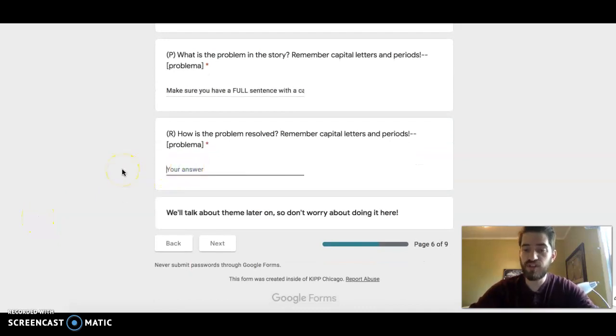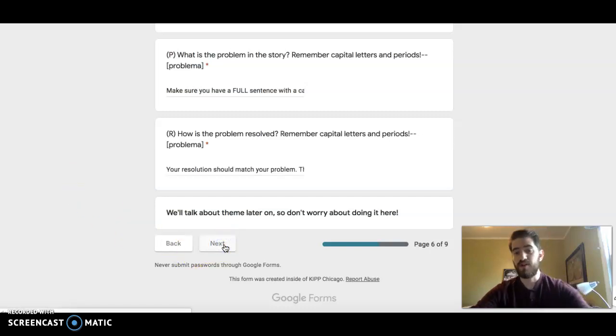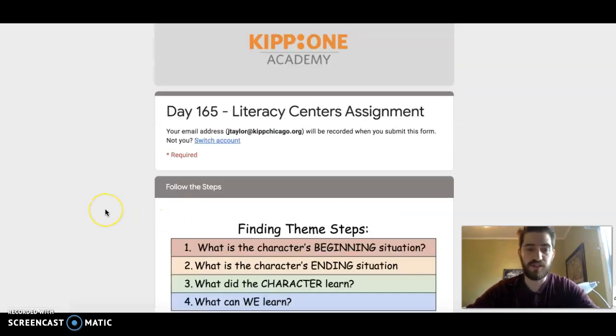For the resolution, your resolution should match your problem. The resolution solves the problem. All right, make sure that you have all of those filled out and that you're thinking really carefully about them. The theme we're going to talk about later, so you don't actually have to write that in your CPRT.